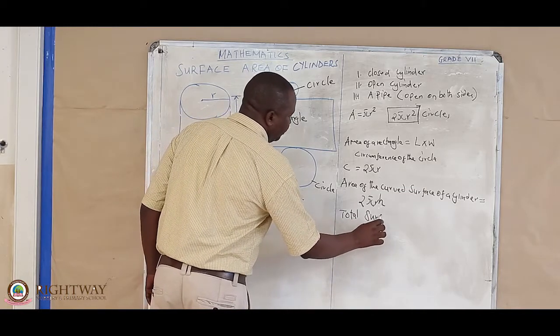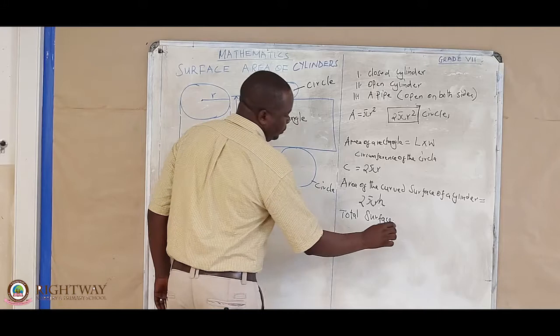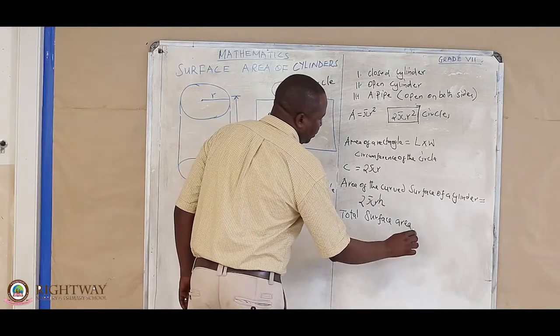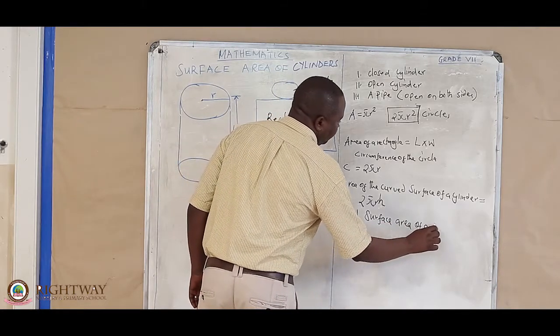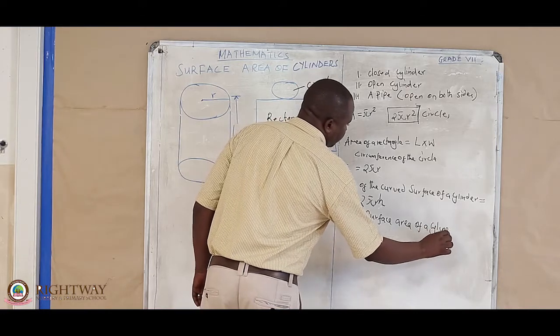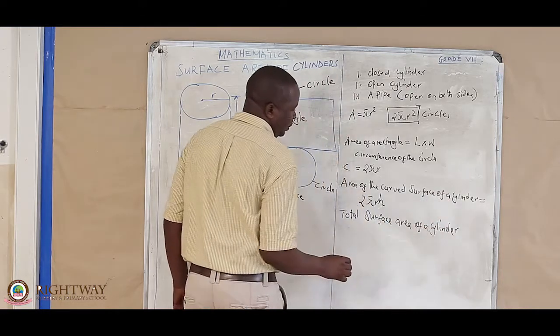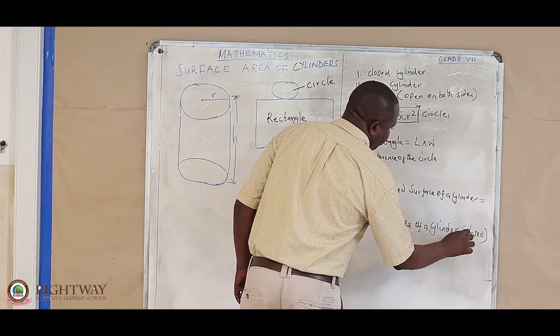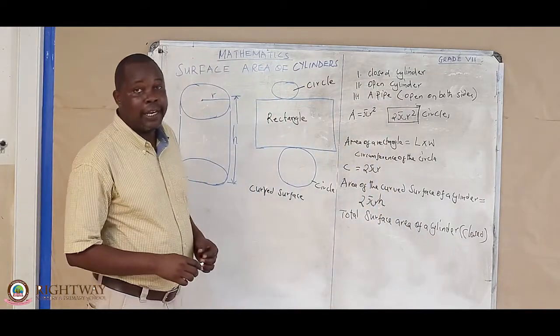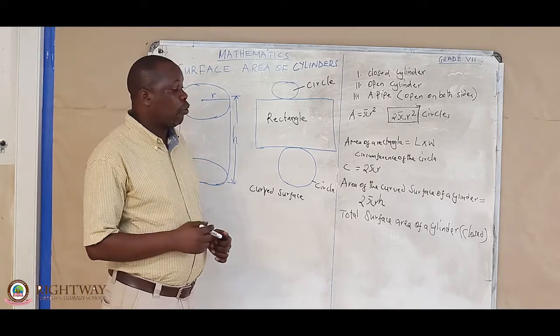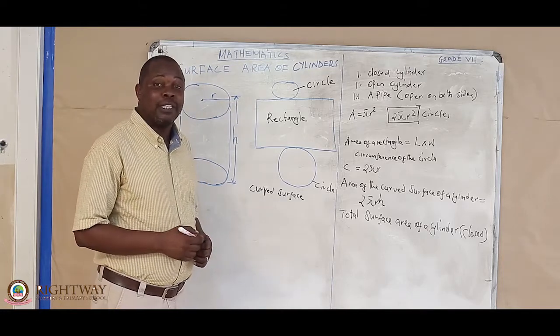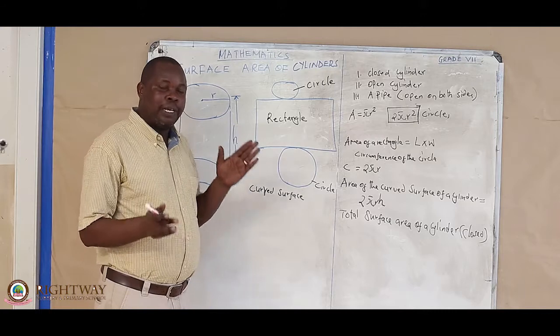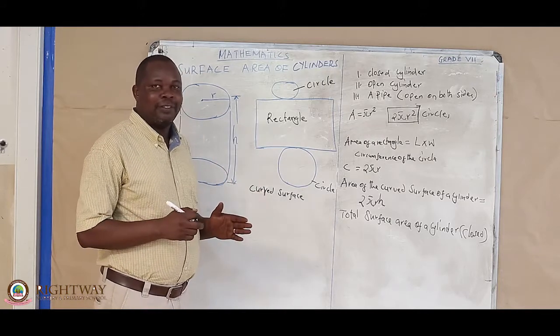Therefore, the total surface area of a cylinder which is closed. When you say closed, it means closed on both sides. The top and the bottom parts are closed.